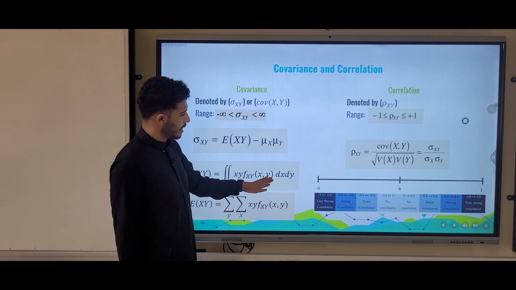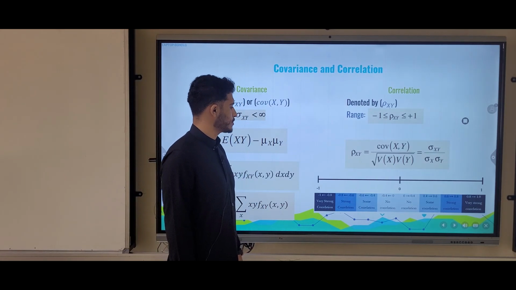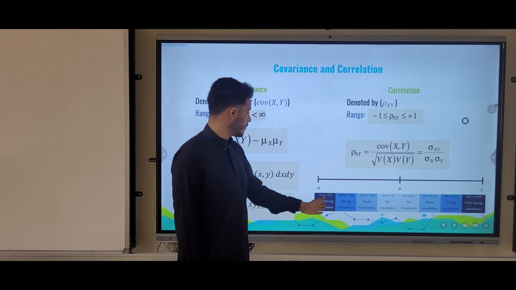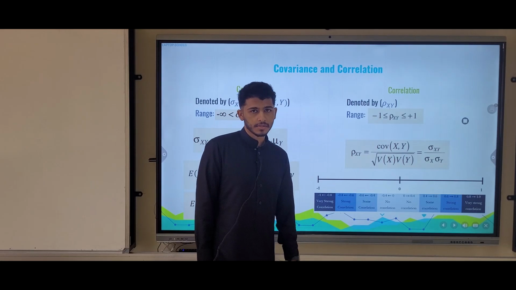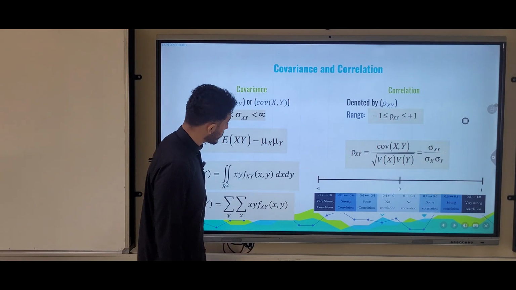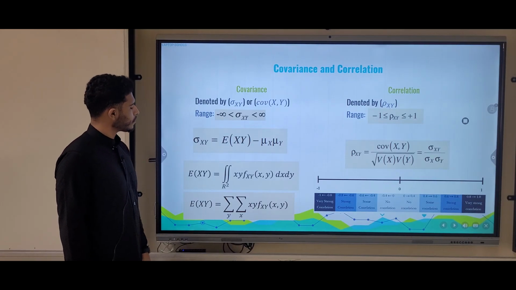And here is a nice picture that shows you the meaning of the values for the correlation. For example, if you have something from -0.8 up to -0.6, you can say that there is a strong negative correlation between these two variables. Okay, hopefully this is clear.